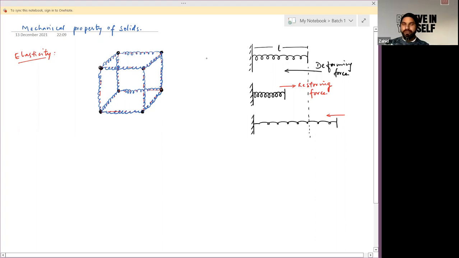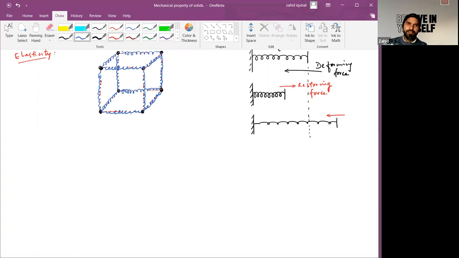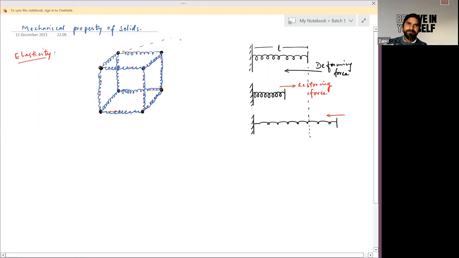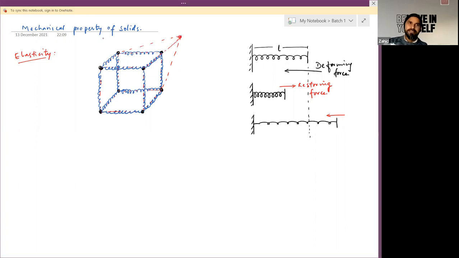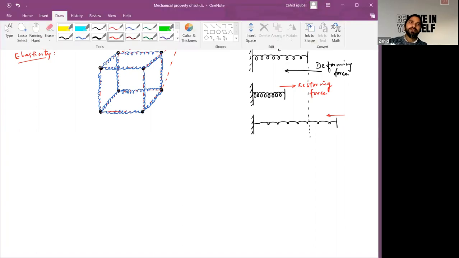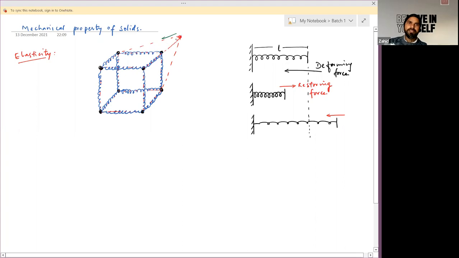Now, if you apply a deforming force on this solid to change its shape, let's say along this direction, to deform this point to this point, there is a tendency of this body to develop a restoring force along this direction, which will tend to bring this point back to its original position or shape. This tendency of the body is called elasticity.